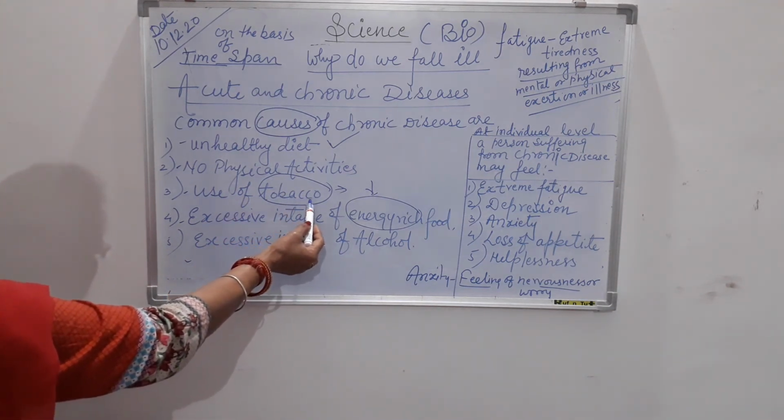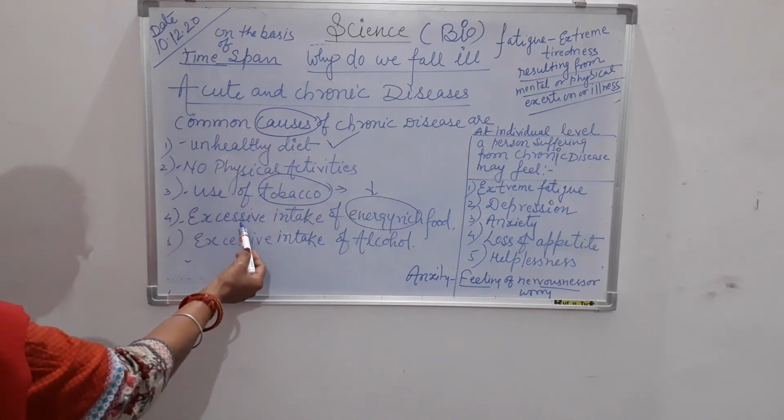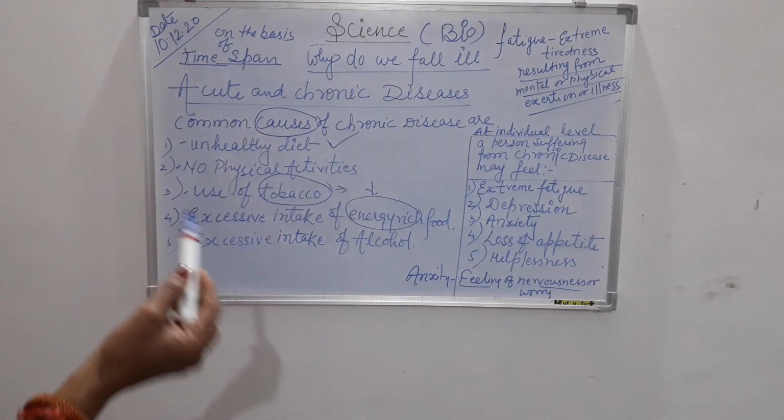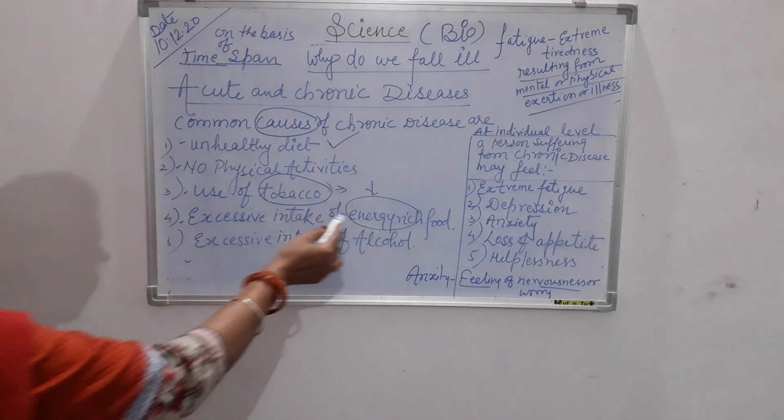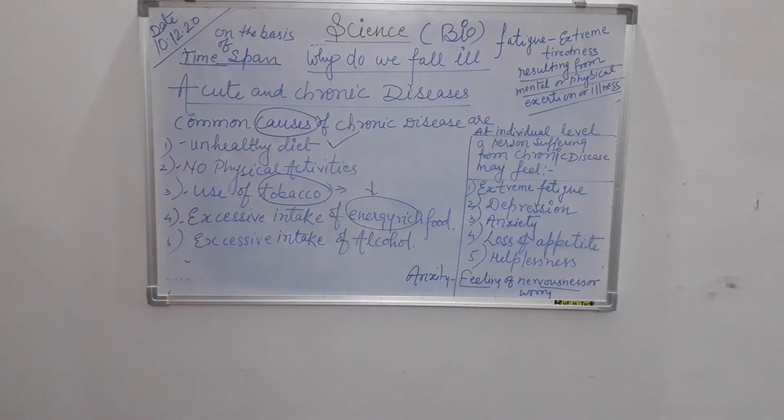We should stop smoking. We should not take excessive amount of energy-rich food. We should take rather fibrous food. What is fibrous food? The food which is rich in fibers, which is very important for the proper functioning of your digestive system.